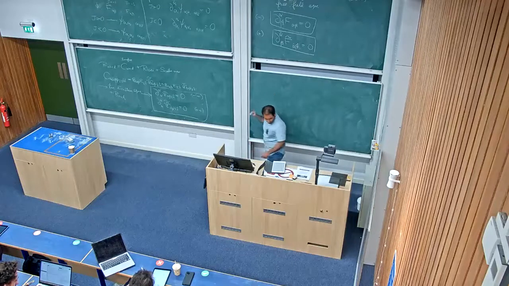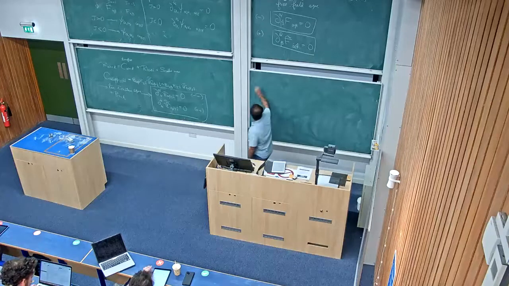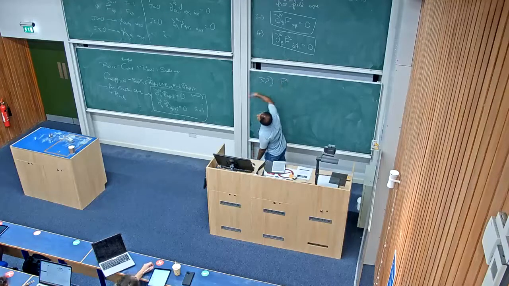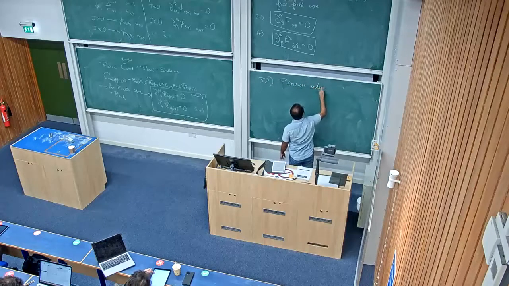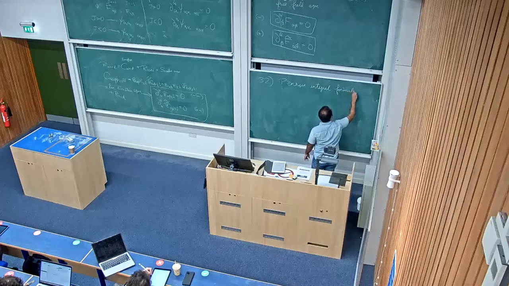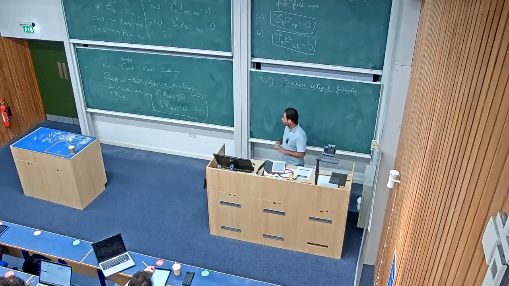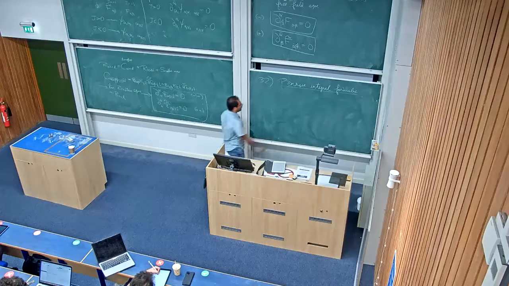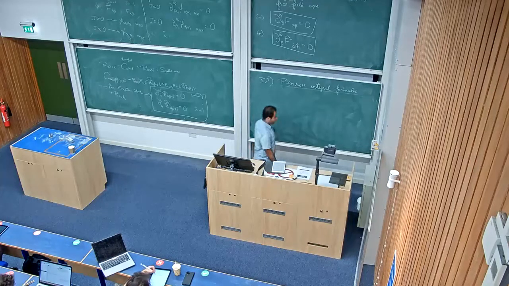So let me write this down in some simple cases. This is section 3.2: the Penrose integral formula. The Penrose integral formula consists of, basically, first taking a differential one-form on PT.